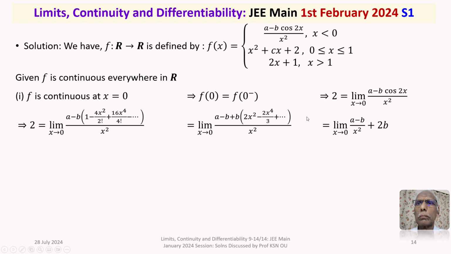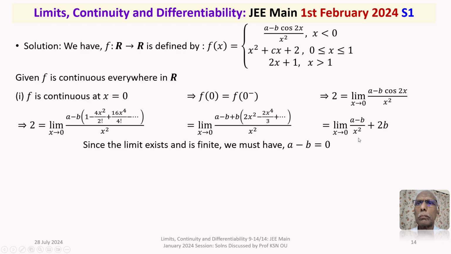The other terms will become 0 because they contain the terms x square and so on. And now because the limit exists and is finite, we must have a minus b is equal to 0.